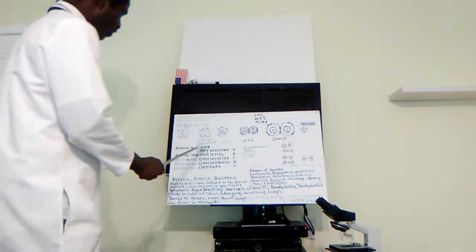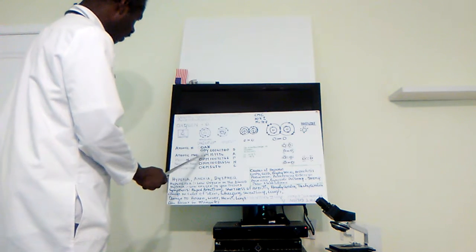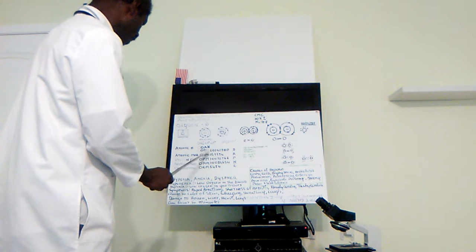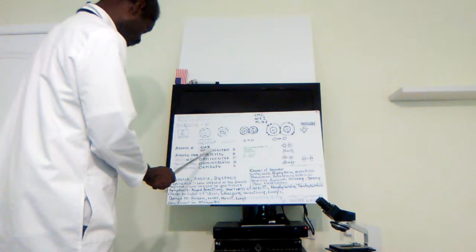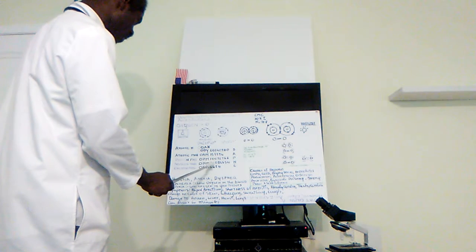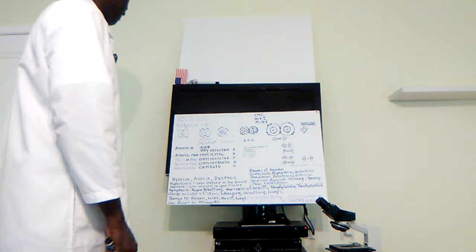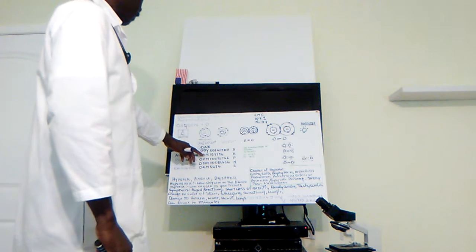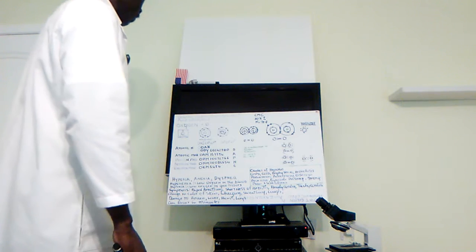And as you can see, I have put all these: oxygen density, atomic mass, proton mass, neutron mass, and electronic mass. Now, atomic mass is usually the number of protons plus the number of neutrons.